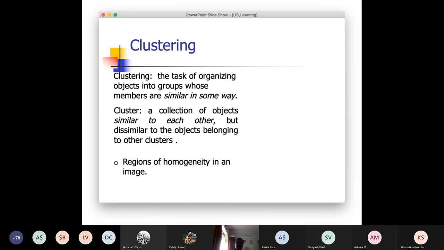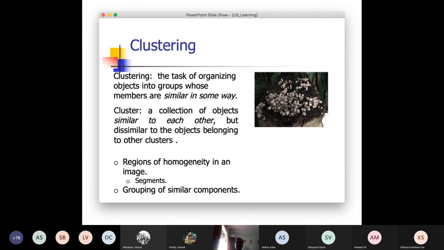So regions of homogeneity in an image is one kind of example of this unsupervised learning, which we call segmentation in the jargon of image processing, or grouping of similar components, and that is in fact the cluster. It's a very simple example about this group. Say you have this image. Now this image is the image of a mushroom over a certain kind of black biomass.